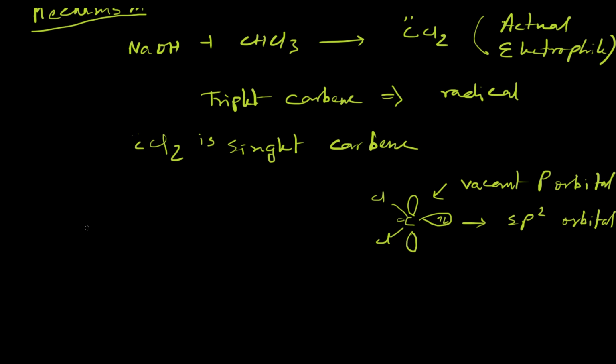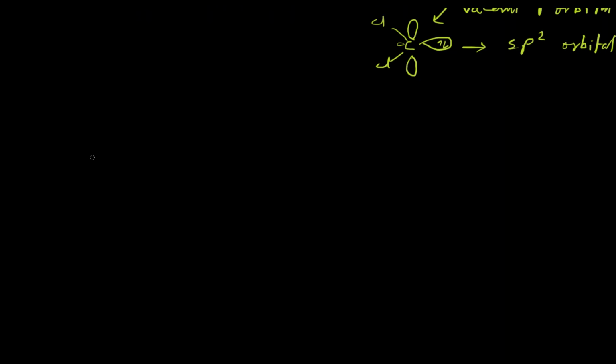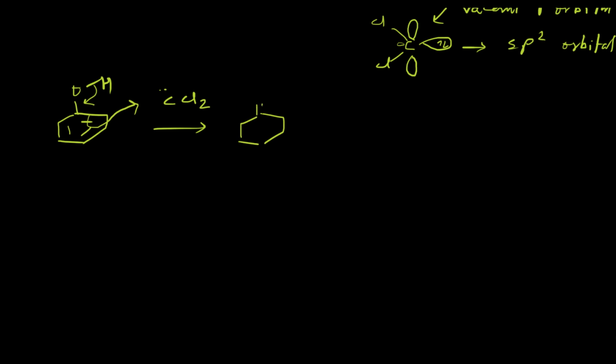Okay, so now let's look at the mechanism of this reaction. First, the OH group will assist the nucleophilic attack of the aromatic system towards the dichlorocarbene intermediate, which will generate this intermediate.